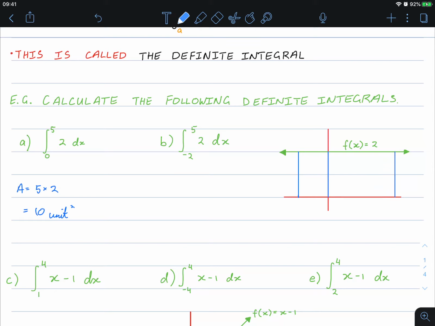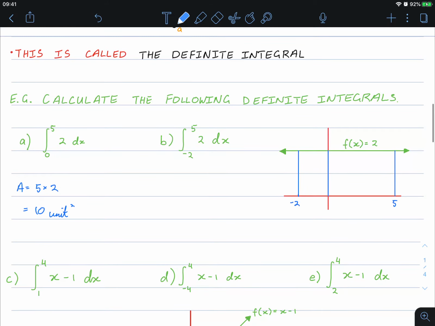Now we can see that from -2 until 5, that width is going to be 7. So the area is going to be 7 times the height of 2 once again, so that is 14 unit squared.